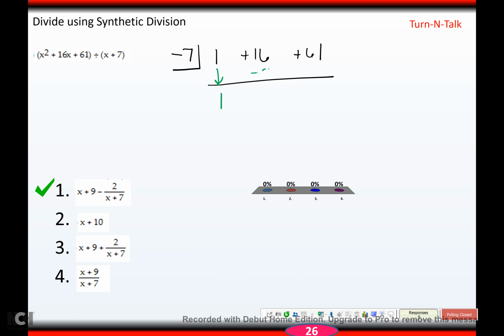Times negative 7 is negative 7. 16 eats negative 7, comes out positive 9. Positive 9 times negative 7 is negative 63. Positive 61 eats negative 63, comes out negative 2. That's my remainder, that's my constant, that's my x to the first. So my answer is x plus 9 minus 2 over the divisor.